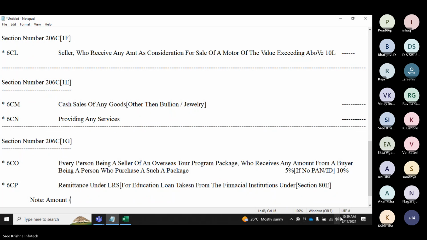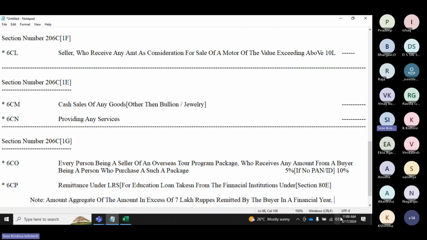Amount, aggregate of the amount financial.